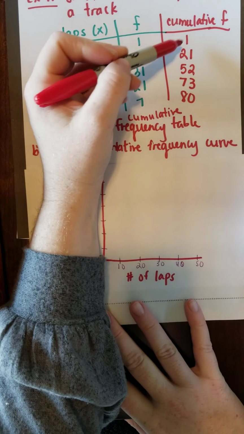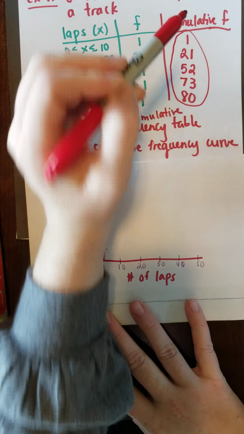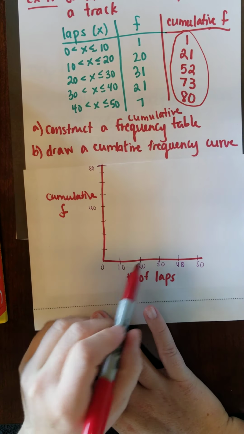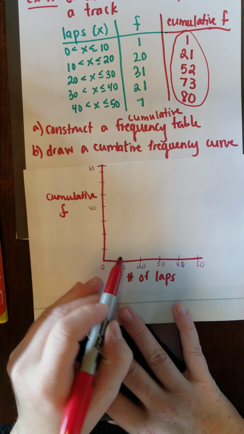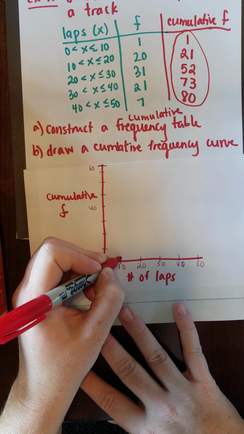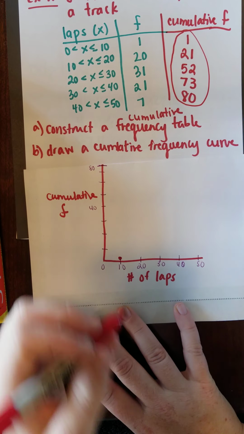So I'm looking at these numbers here and I'm going to plot them in my ranges. So 10, I would go to 1. It's going to start out pretty low. And then to 21.